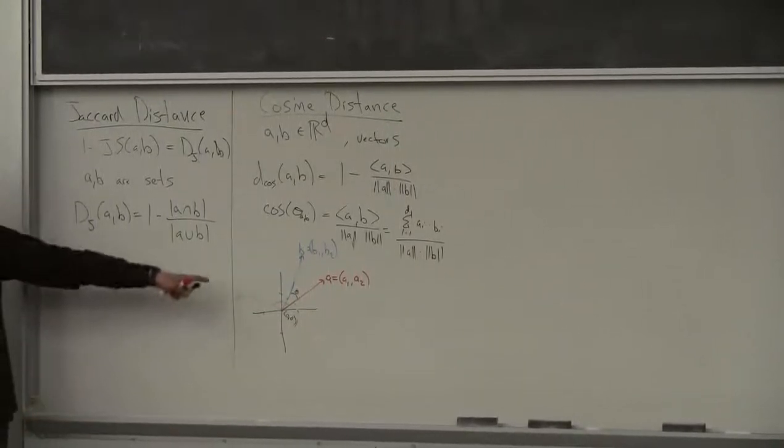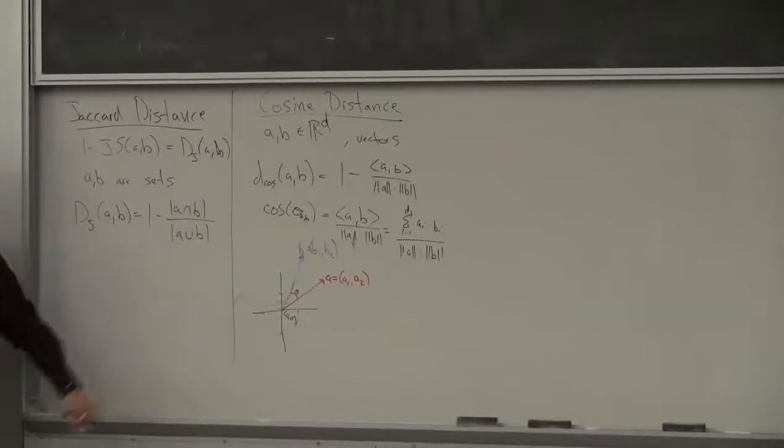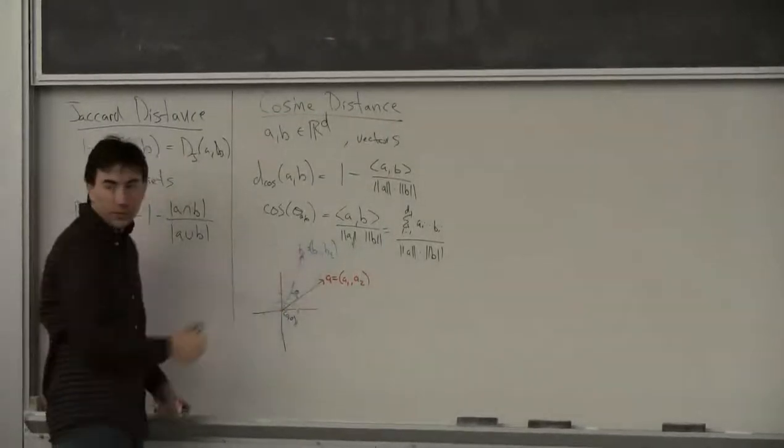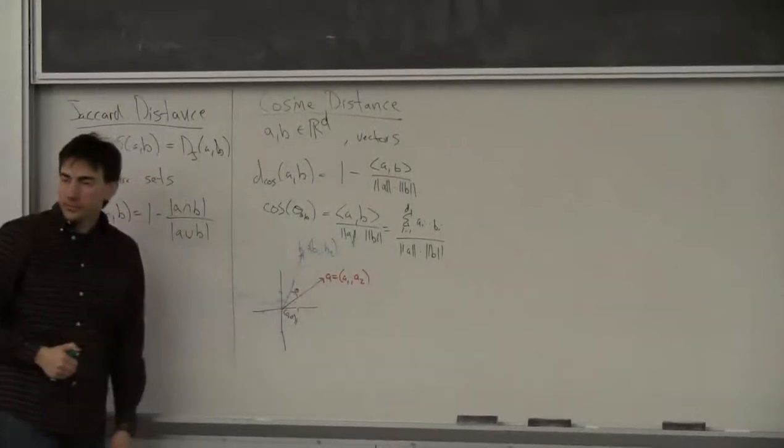So the distance will be larger than 1, right? So it's still okay. The only time that the distance is 0 is if these are pointing along the same direction, right? Okay.